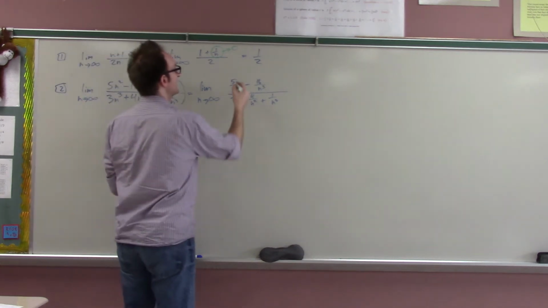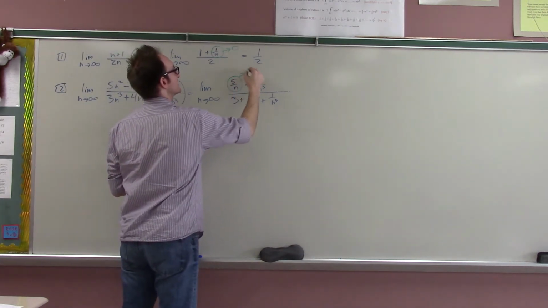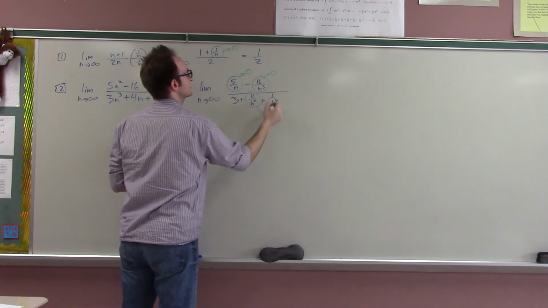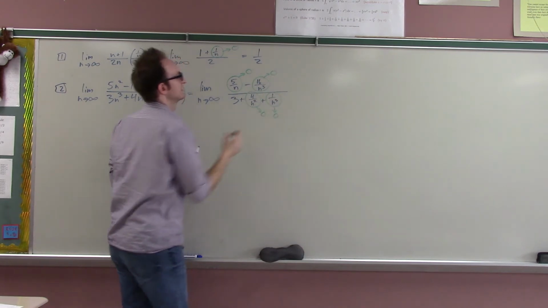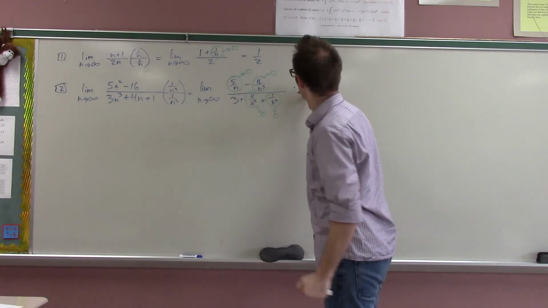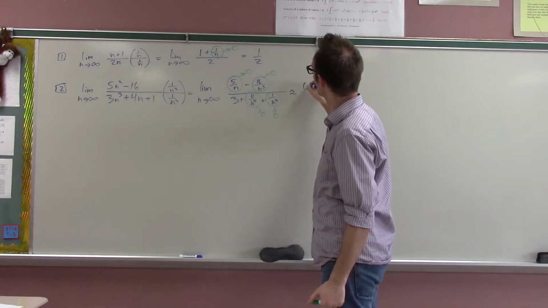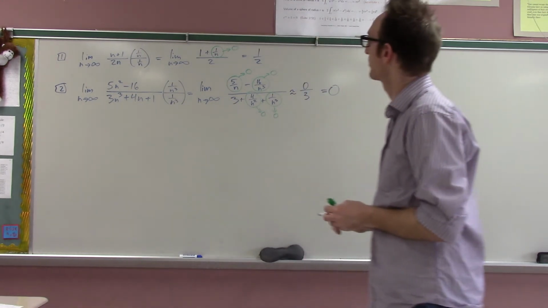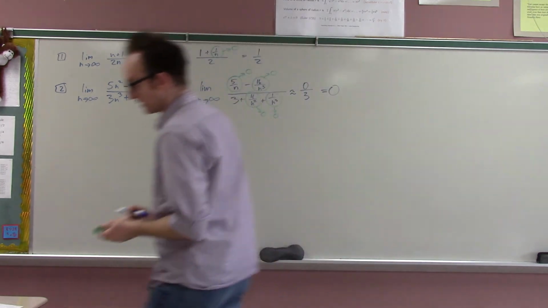This is nice because this obviously goes to 0, this obviously goes to 0, this obviously goes to 0, and this obviously goes to 0 as n goes to infinity. So this is looking a lot like 0 over 3, and thus the limit is 0. And you've shown some work and you've demonstrated why this is so.